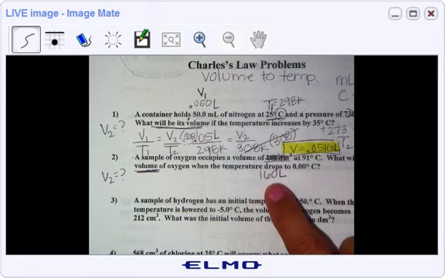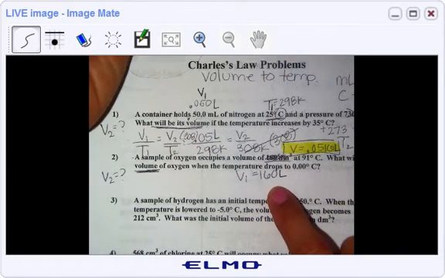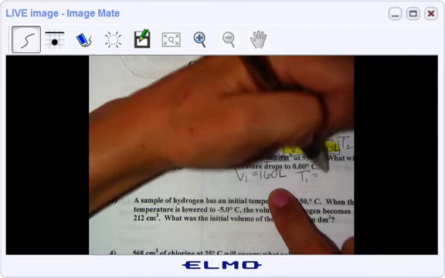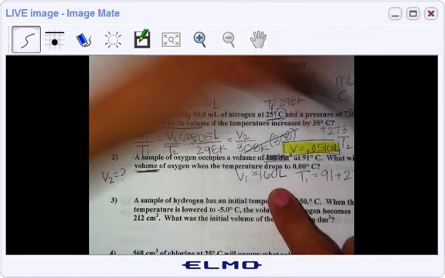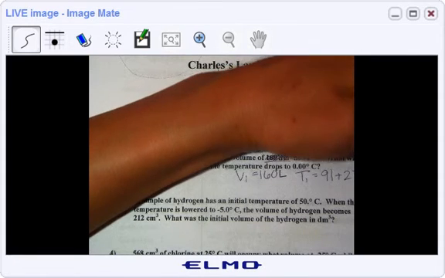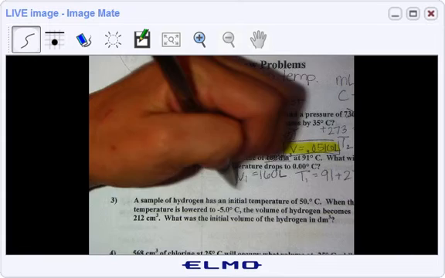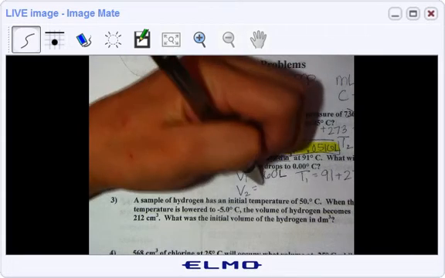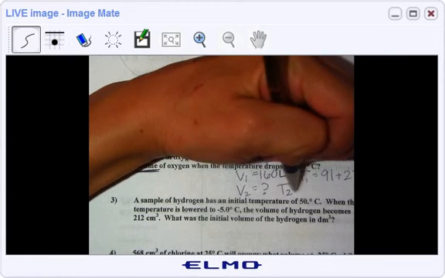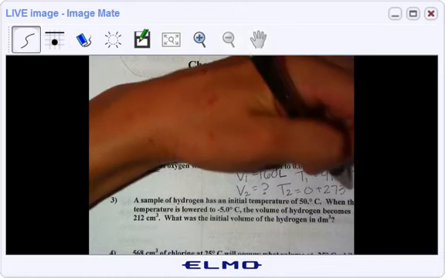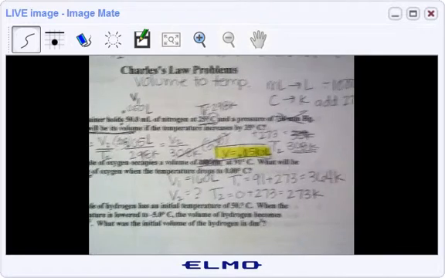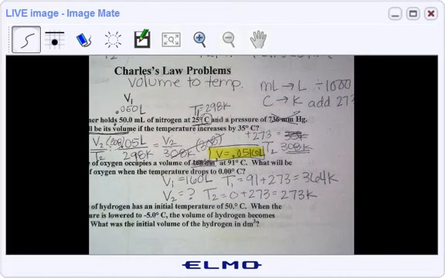So this is going to be my V1. That's what I started off with. And my T1, it started off at 91 degrees Celsius. V2, I do not have. T2, it's at 0 degrees Celsius, so 0 plus 273 will give me 273 Kelvin. I'll give you a minute to write that down.